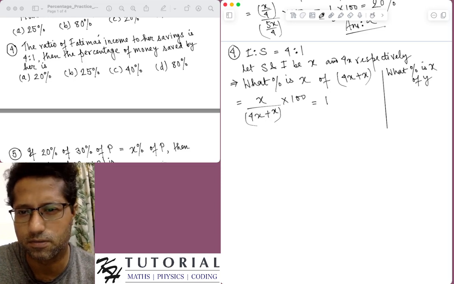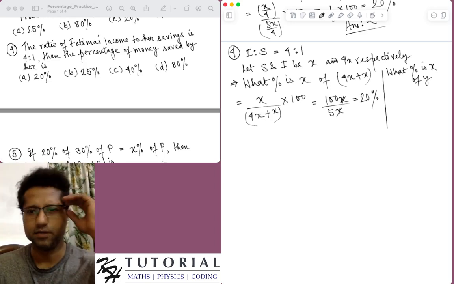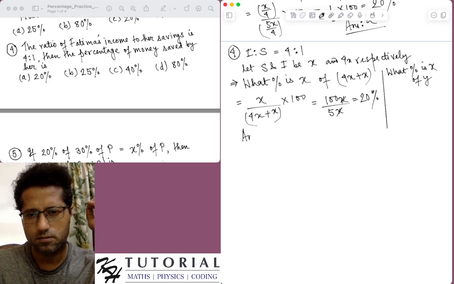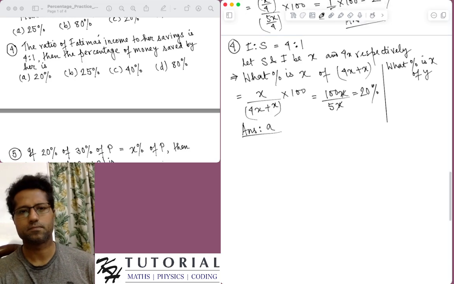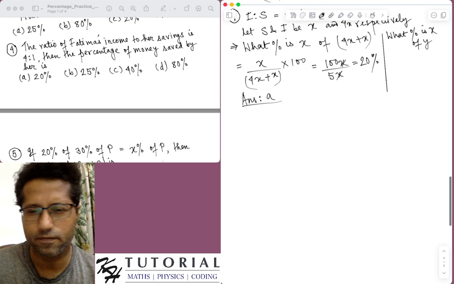So this is equal to 100x by 5x. x cancels out. This is 20%. So the savings, money saved, is 20% of the income. So the answer is choice A. Okay, let's do question number 5.